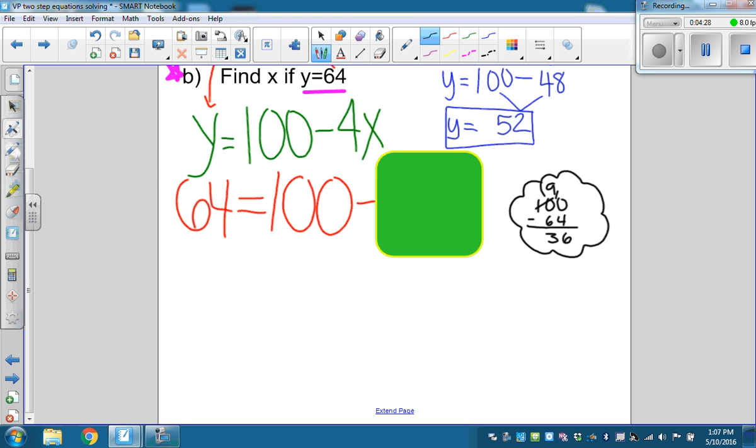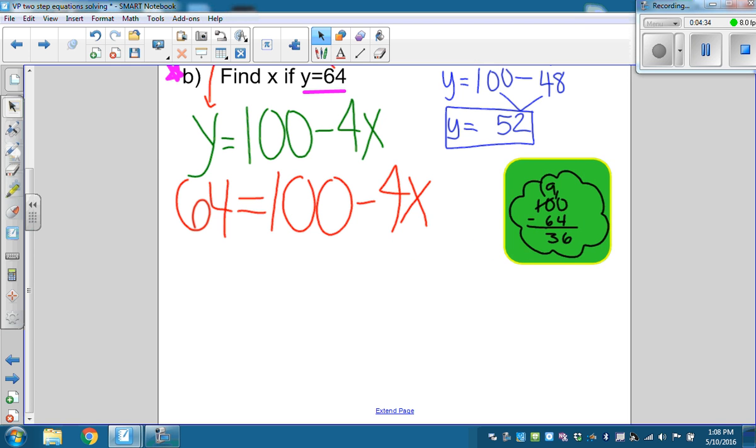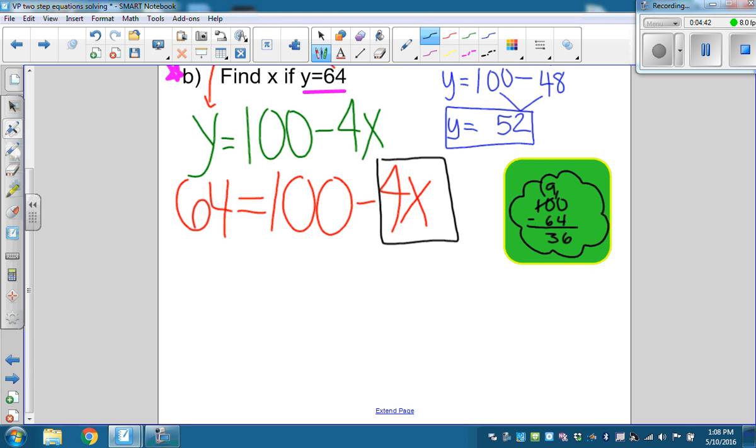In other words, when we move the box away, we need 4x. This part has to be equal to 36, because we know 100 take away 36 is 64.